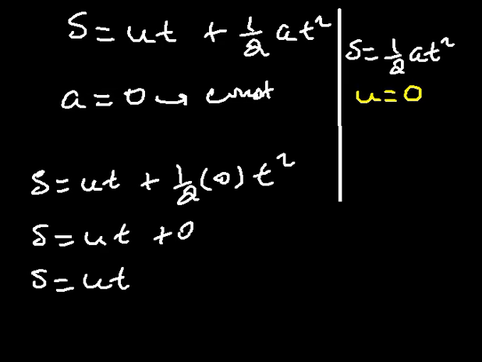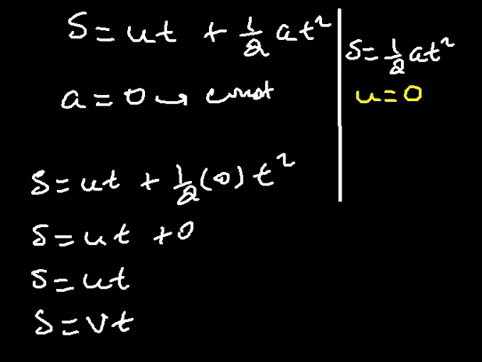So it's either you can have the displacement being given as ut. It is the same as having the displacement being given as vt, because if the object is moving at a constant speed, it means the initial velocity is the same as the final velocity.